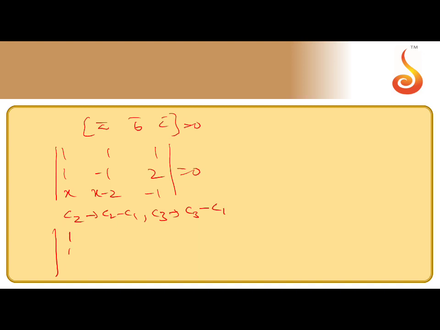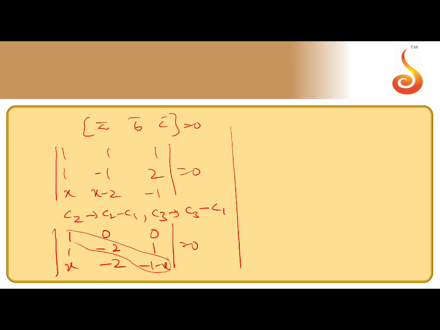Here 1, 1, x. So 1 minus 1 is 0; here minus 2; here x cancels, minus 2. Next 0, 2 minus 1 is 1, minus 1 minus x, equal to 0. Now because these two are 0, you can expand the determinant directly along that row and find the value.